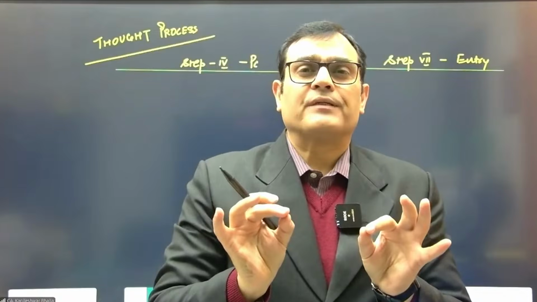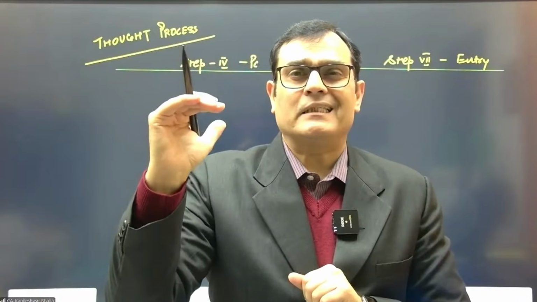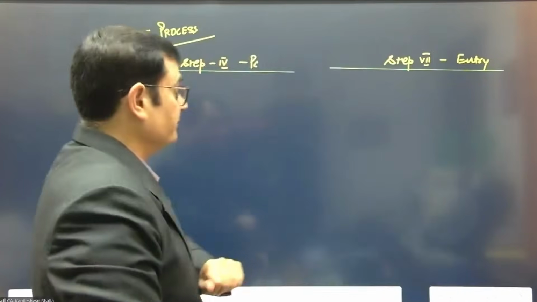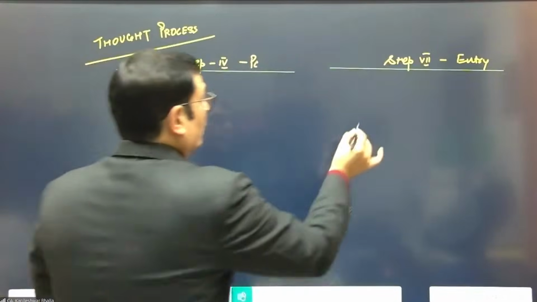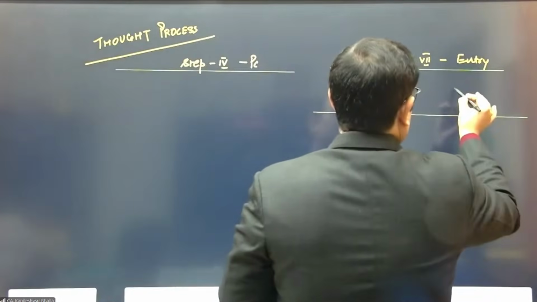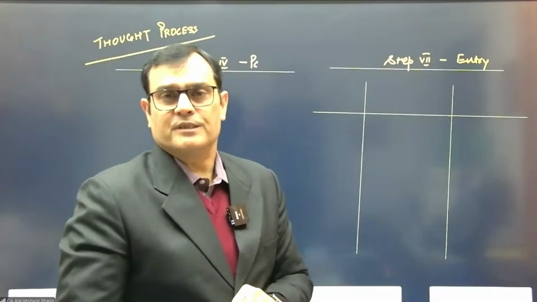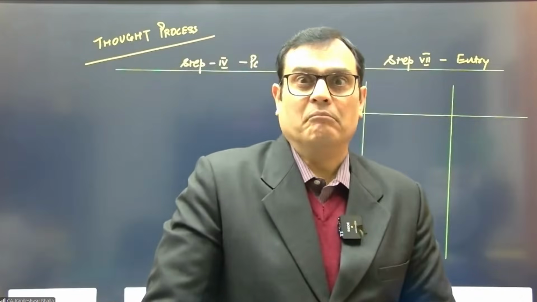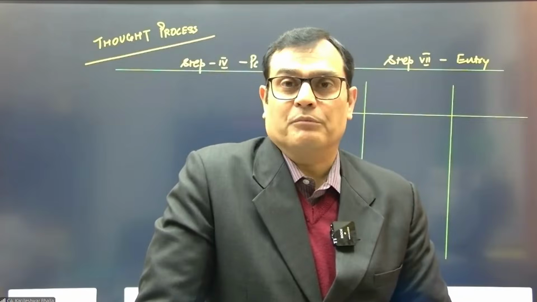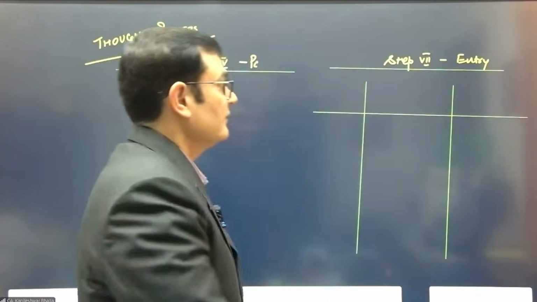In step number 7, I gave you a single entry: net assets, PC, NCI, balancing figure goodwill. Now, let me tell you one thing. I will divide my step number 7 into 3 sub-steps. Oh my God. Now you'll say, sir, every time you come with 3 numbers: DC, CC, ECCS. Now step number 7 is divided into 3 parts.